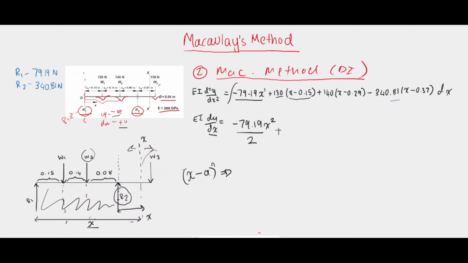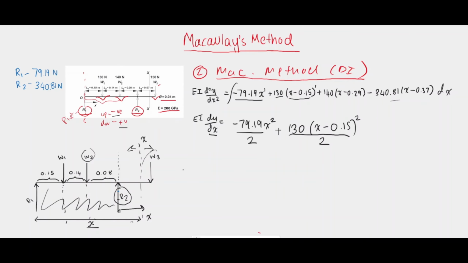And so when you integrate it, it'll be x minus a to the n plus 1 over n plus 1. It's the same as you would treat what's inside the bracket as a single value. So you would get 130, as it is a constant, times x minus 0.15. Remember, this is to the power of 1, so it would be 1 plus 1, that's 2, divided by 2.